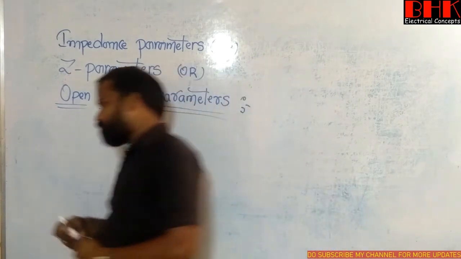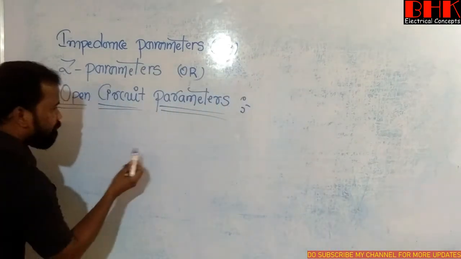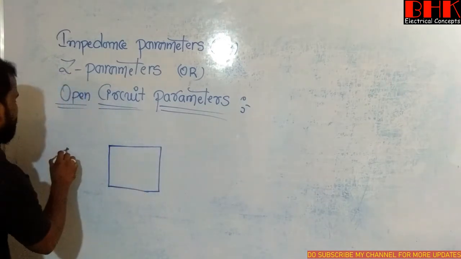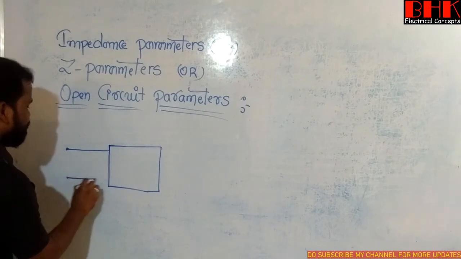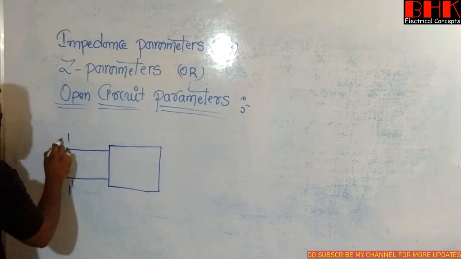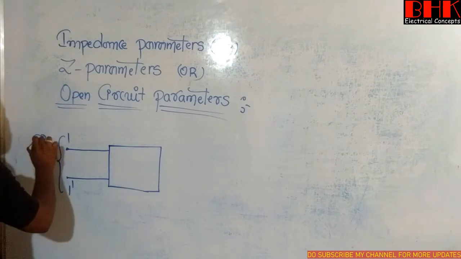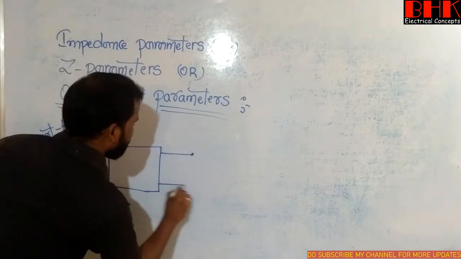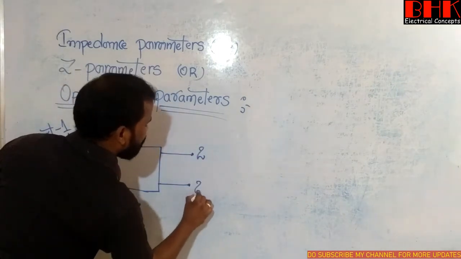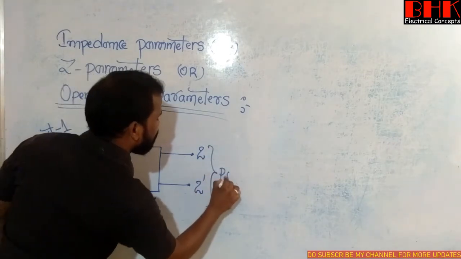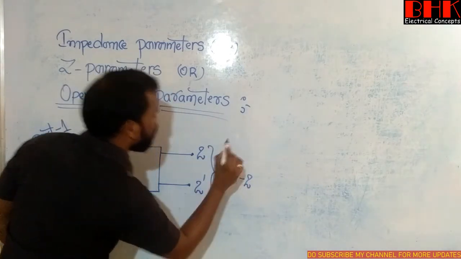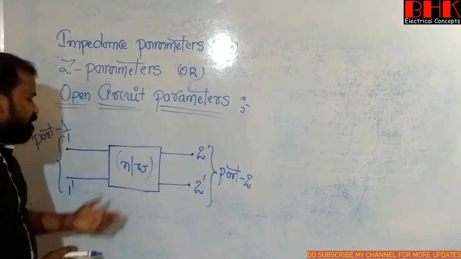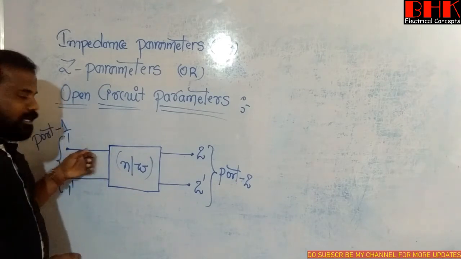Now what are those two equations? Just see here. For example, this is the two port network. Here 1 and 1 dash, these two are port 1 terminals, and 2 and 2 dash, these two are port 2 terminals. Clear? So this is completely the network, and for this network we have port 1 and port 2.